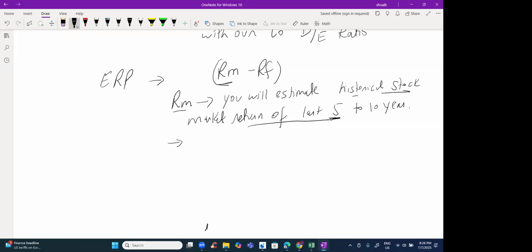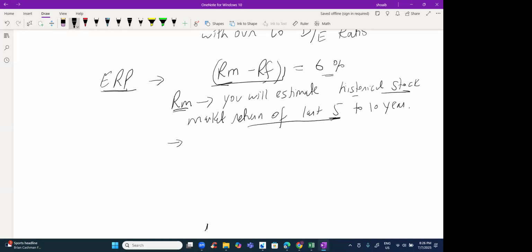On average, historically, equity risk premium is normally believed to be equal to 6%. But you should take the actual one by calculating the historical stock market return minus the risk-free rate, or you can get this ERP from a website. For example, in my company, we usually take it directly from Bloomberg. We don't calculate it.